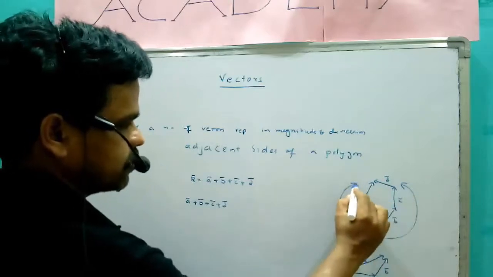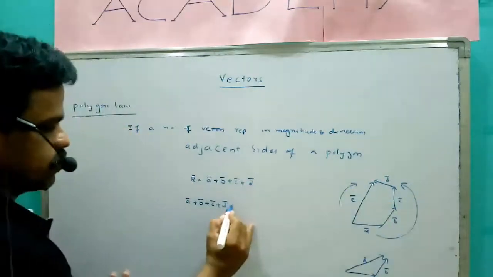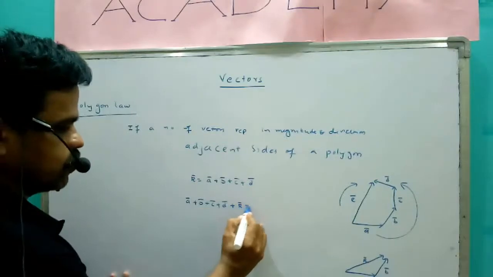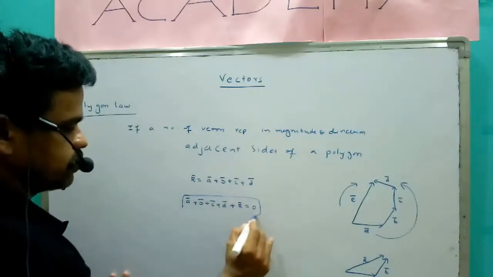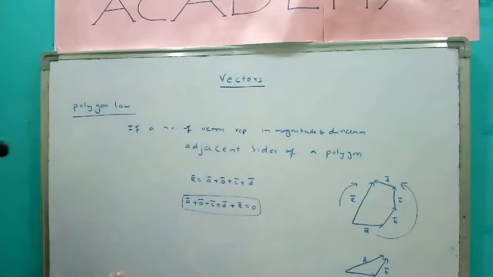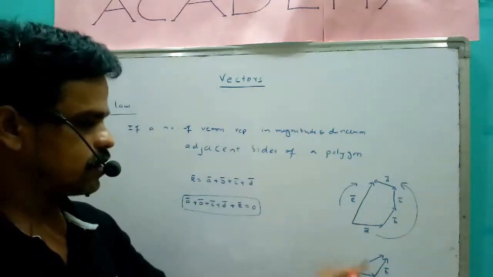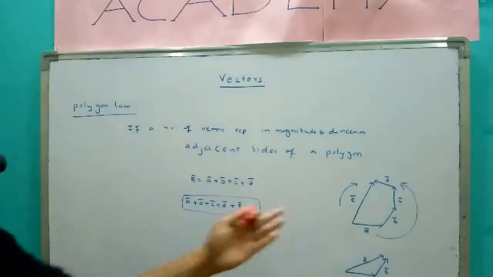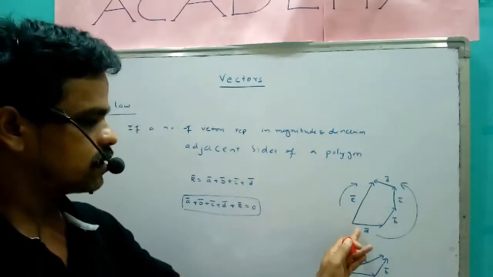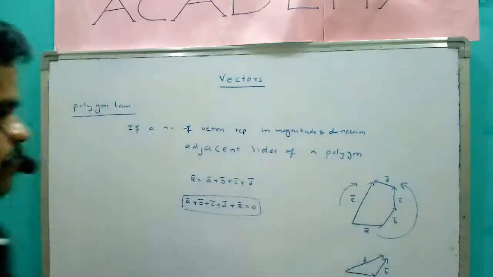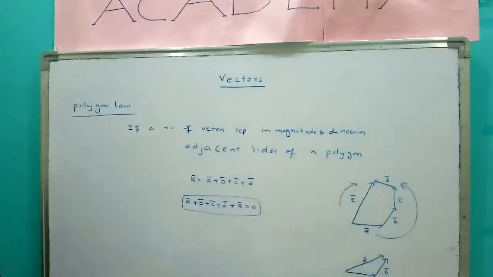So A plus B plus C plus D plus R, the resultant, will be 0. This is the polygon law, like the triangular law. In the triangular law we have only three sides; in the polygon law, a number of sides, so they represent the number of sides with the number of vectors. This is the polygon law.